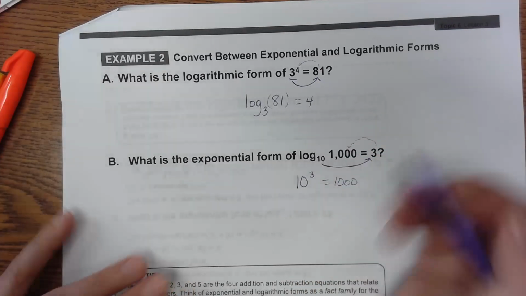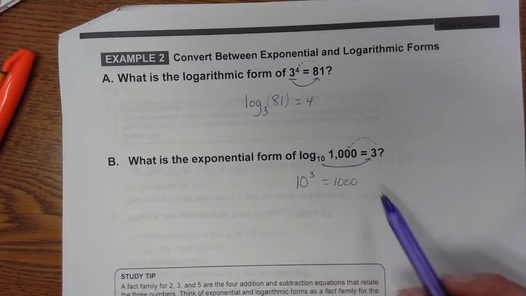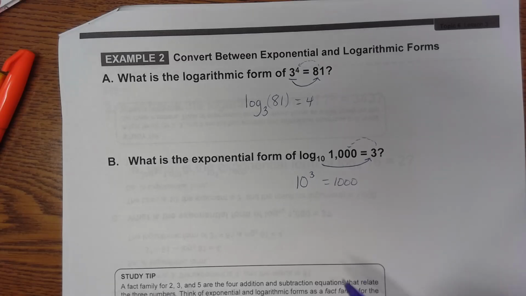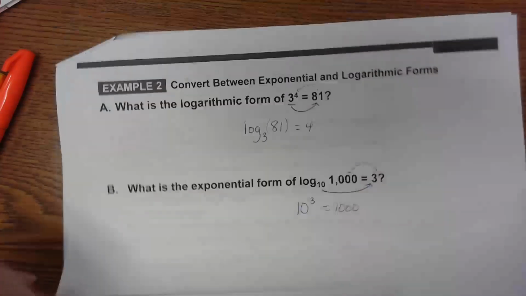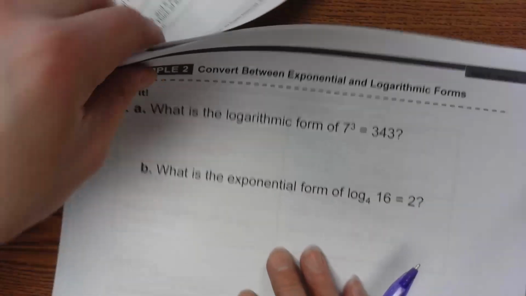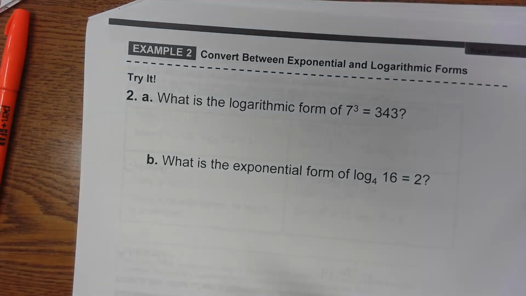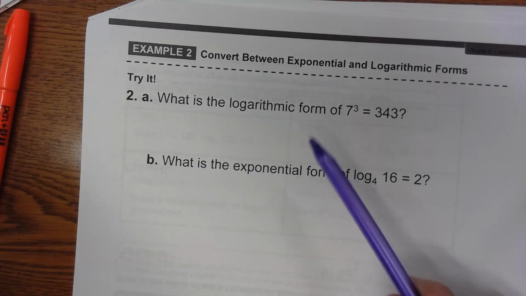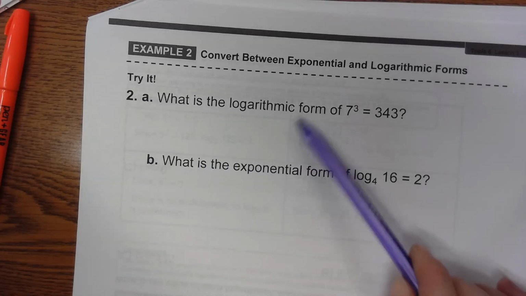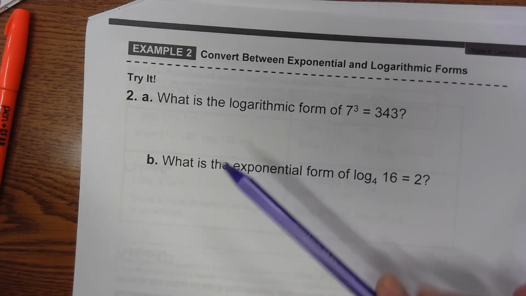Now, in these first ones, that should make sense, right? 10 cubed is 1,000. Okay, so go ahead. You can use a whiteboard marker if you want, or just write in your notes. Go ahead and pause the video to be able to do 2A and 2B.